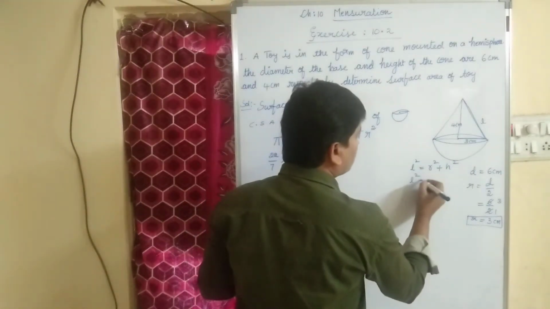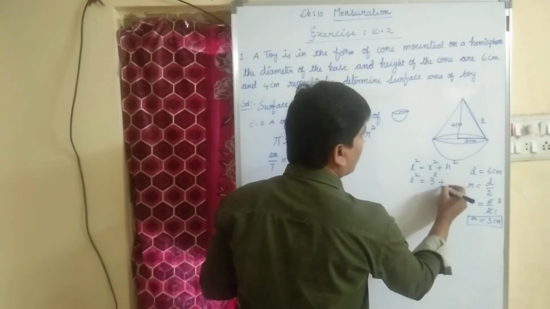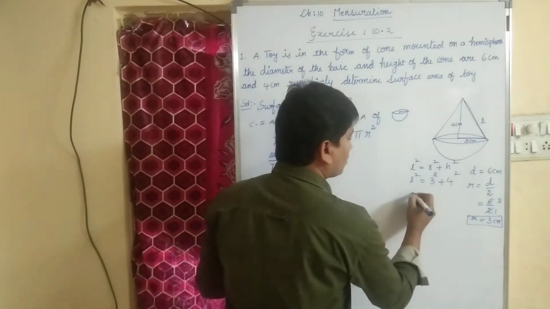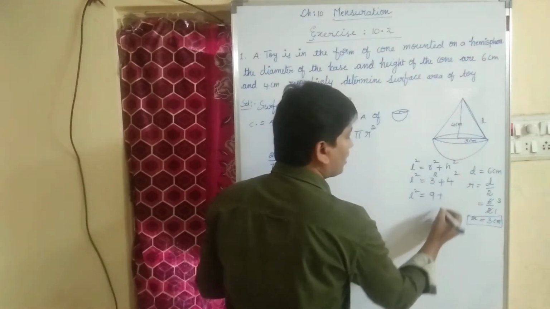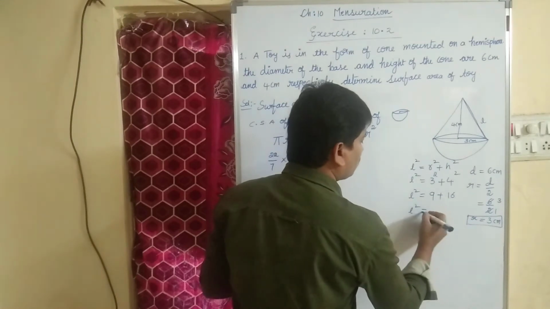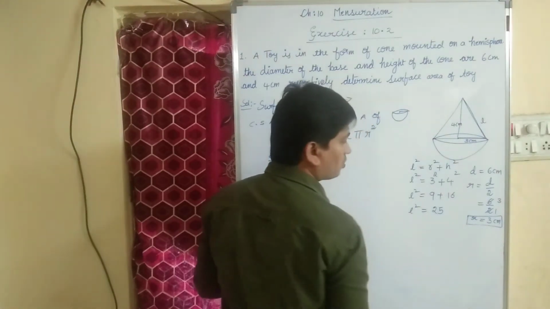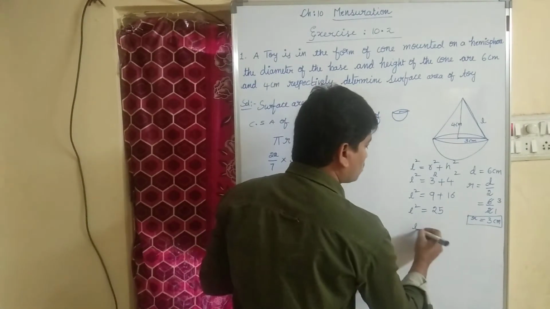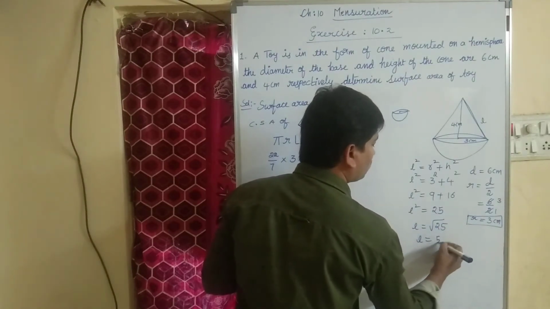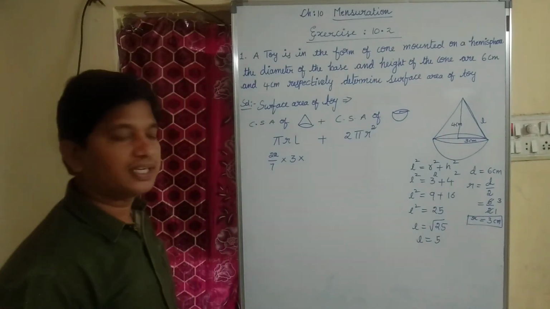So l square, with r equal to 3 and h equal to 4, is 3 square plus 4 square. 3 square is 9, 4 square is 16. So l square equals 9 plus 16, that is 25. So l equals root over 25. What is the value of root 25?